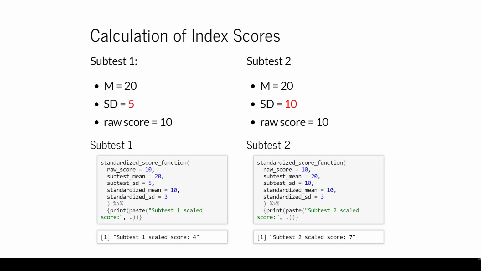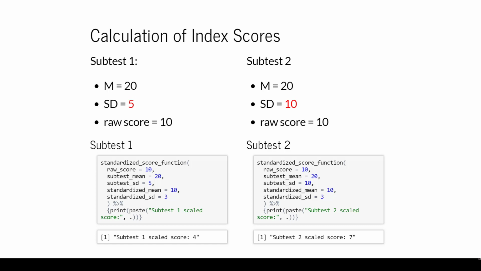The only difference is that subtest 1 has a standard deviation of 5, and subtest 2 has a standard deviation of 10. We're going to convert these to scaled scores. What effect does having a different size standard deviation have? At the bottom, in subtest 1, we end up with a scaled score of 4, and in subtest 2, we end up with a scaled score of 7.